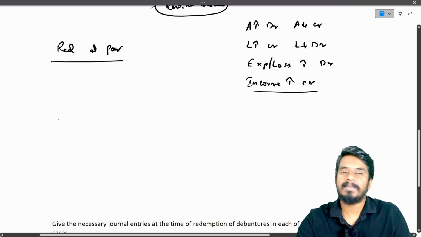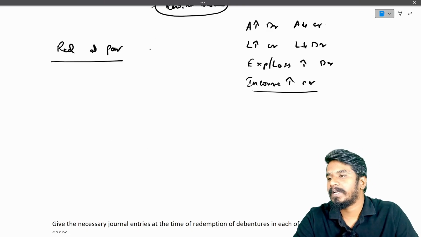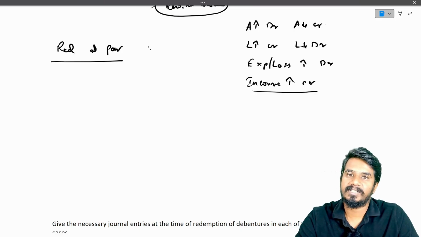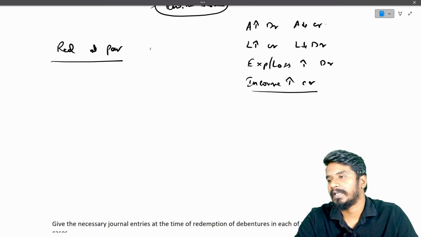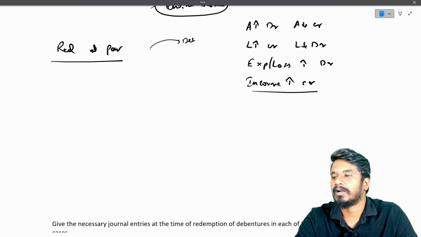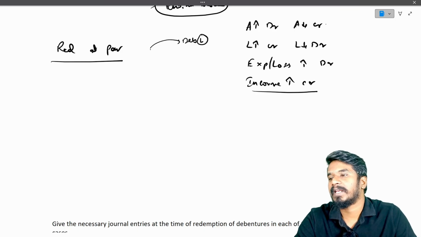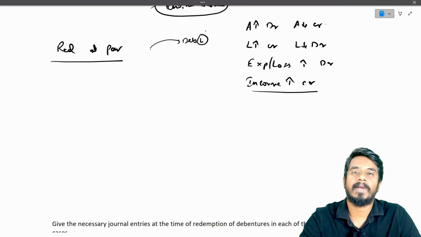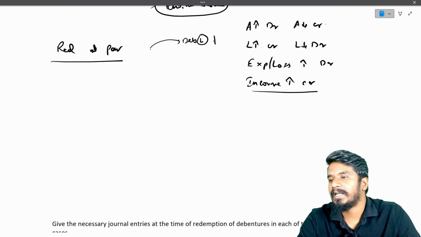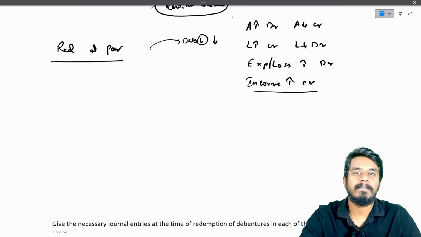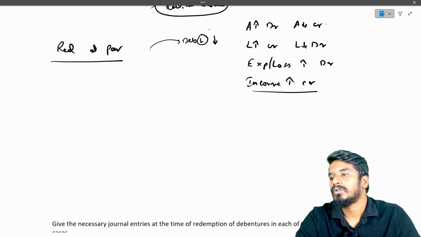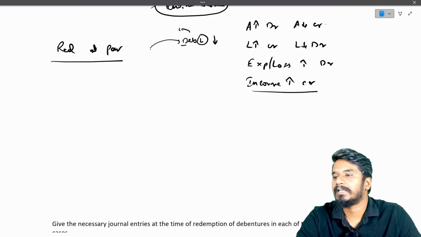What will be the entry? Always we will transfer whatever debenture application or allotment money there is to the debenture account, which is a liability. At the time of payment, this liability will decrease, correct? If you pay, the liability will decrease, so this debenture account will get reversed.